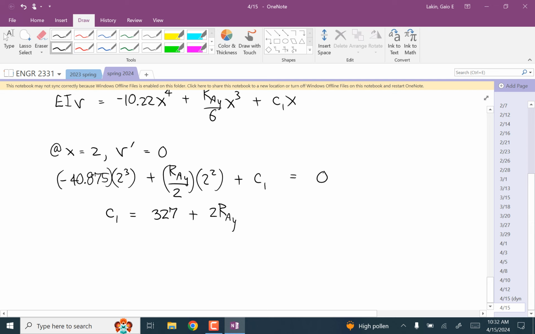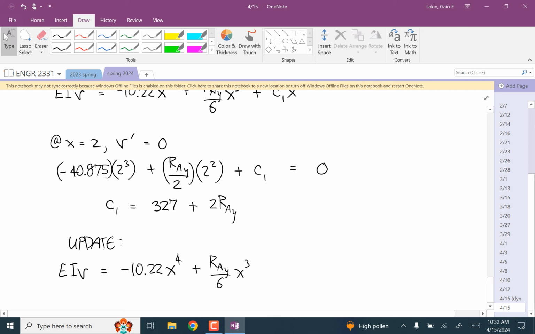So now if I update that deflection, we have EIV is equal to negative 10.22 x to the fourth plus RAY over 6 times x cubed plus 2RAY times x plus 327 times x.